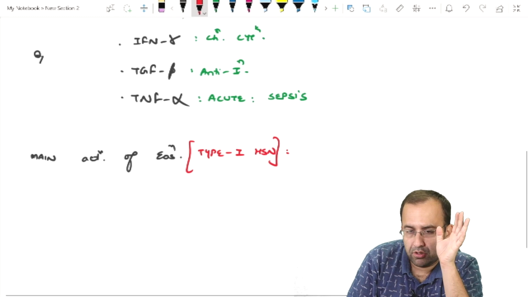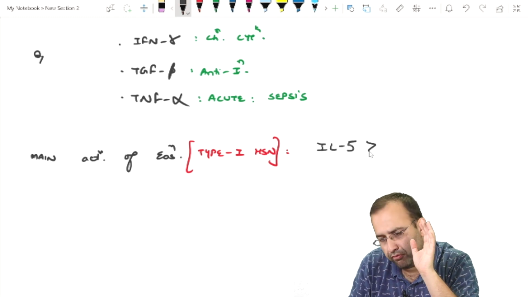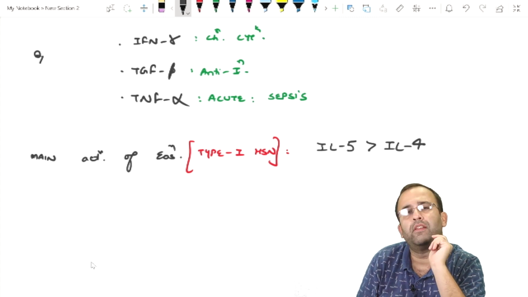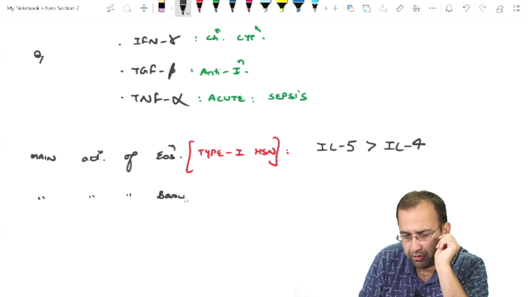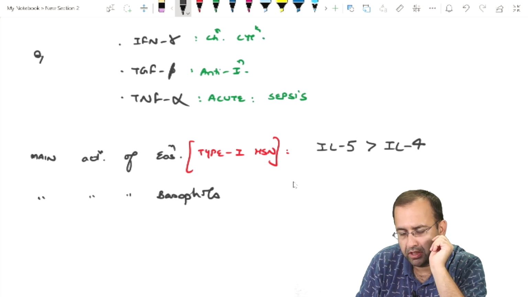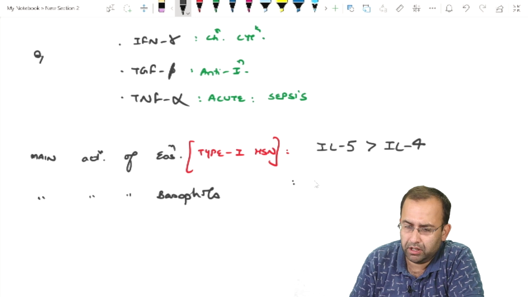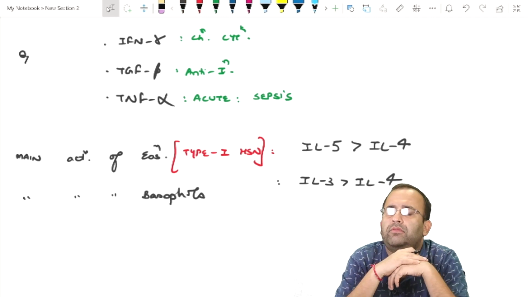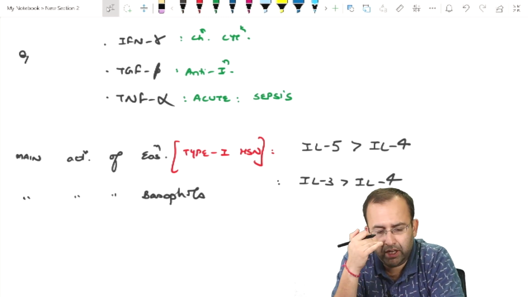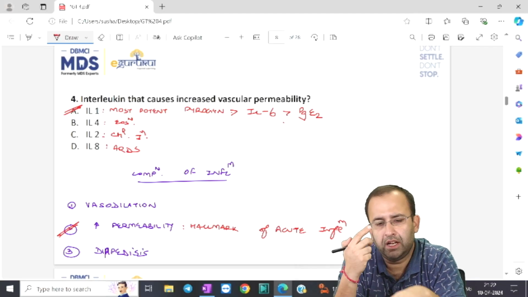So the main activator of eosinophils is interleukin 5, followed by interleukin 4, versus the main activator of basophils. I know I gave you a lot of information in this question, but all these points are important. Basophils, B is the 2nd alphabet, interleukin 3 followed by interleukin 4. So when interleukin 4 is given in the option, it is an activator of both eosinophils and basophils.